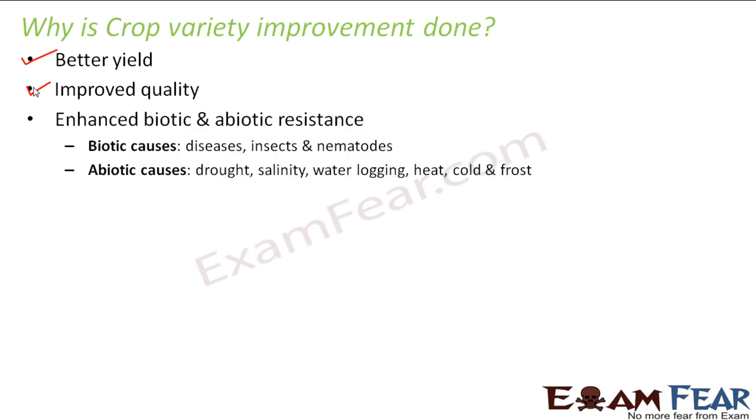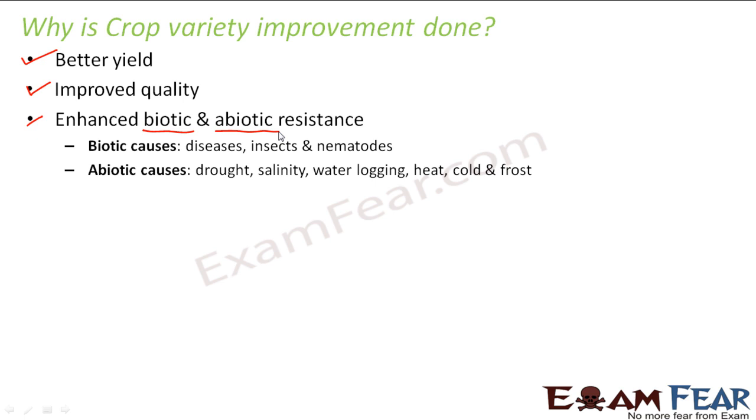Enhanced biotic and abiotic resistance. What do we mean by biotic and abiotic resistance? For every crop, there is a danger that it might be attacked by some external agents. Those external agents are categorized into two types: one is biotic, one is abiotic. Biotic is derived from the term bio, which is something related to life.